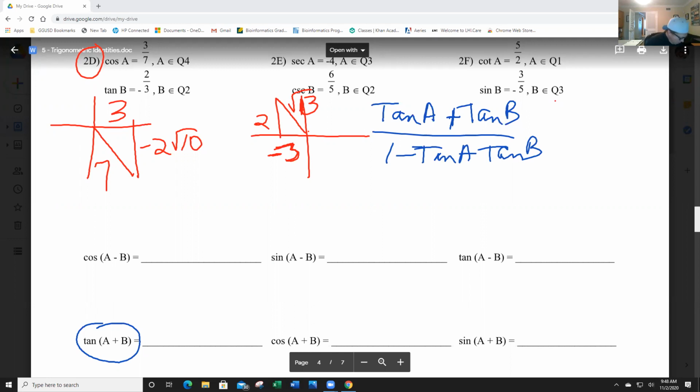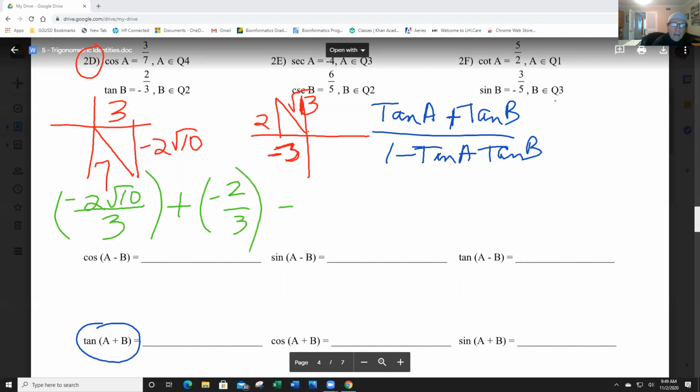Okay, so this one, I'm going to go to a different color, and I'll move down to the bottom. Then you'll see the pen come in there. It's going to be negative 2 radical 10 over 3 plus negative 2 over 3.